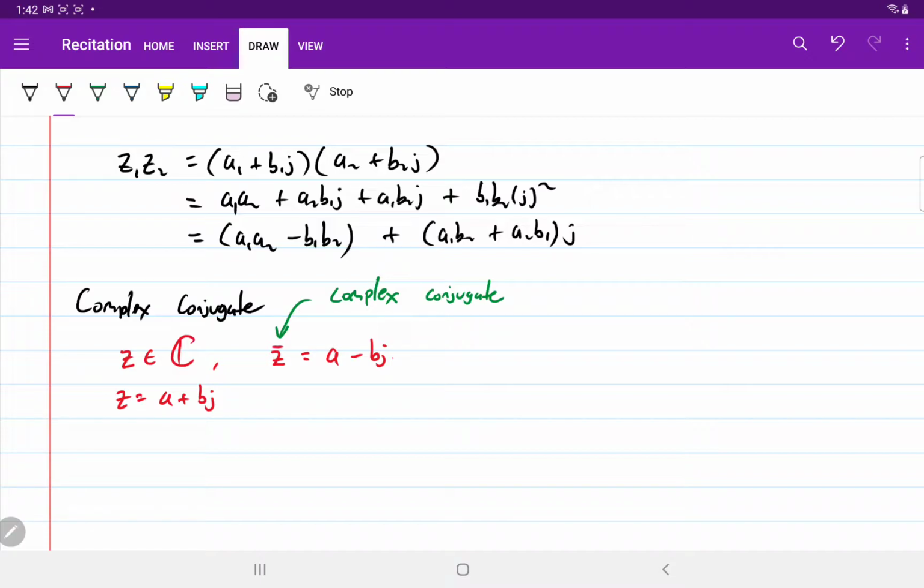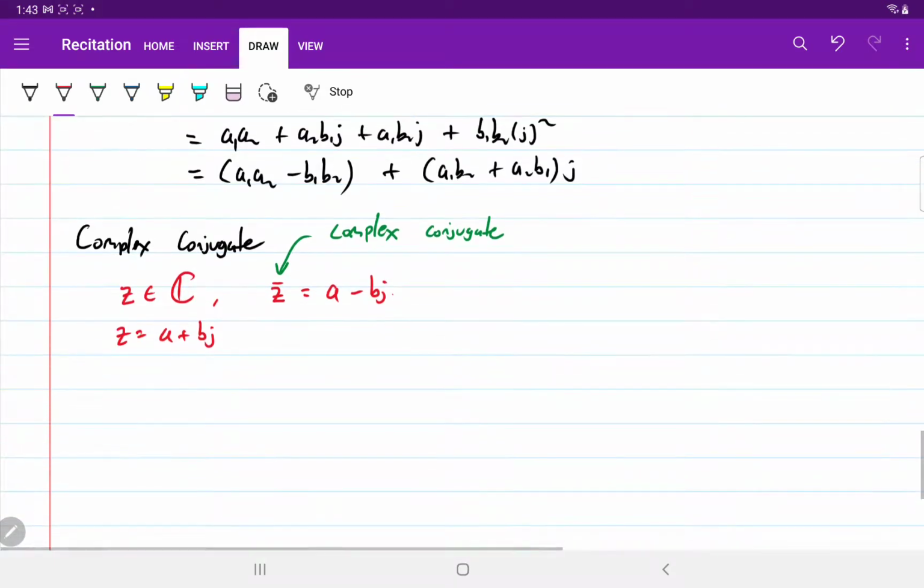That's it. We just need to change the sign of the imaginary part. So if you have a complex number and you want to find the corresponding complex conjugate, you just change the sign of the imaginary part. We can say that a minus bj is the complex conjugate of a plus bj, or a plus bj is the complex conjugate of a minus bj.